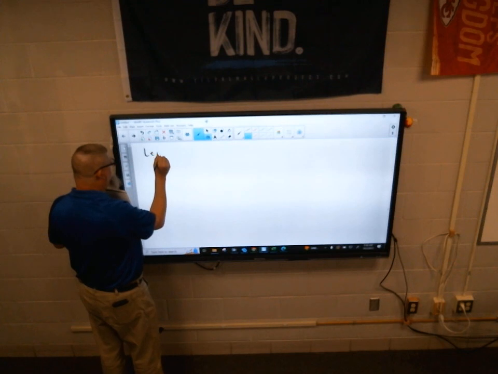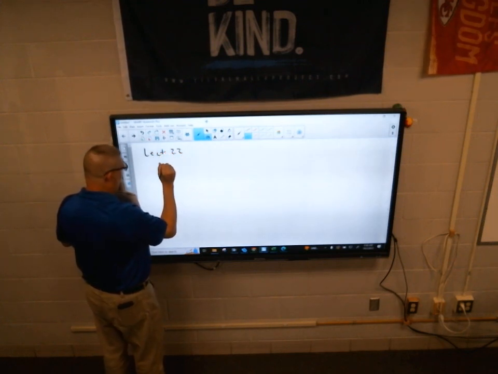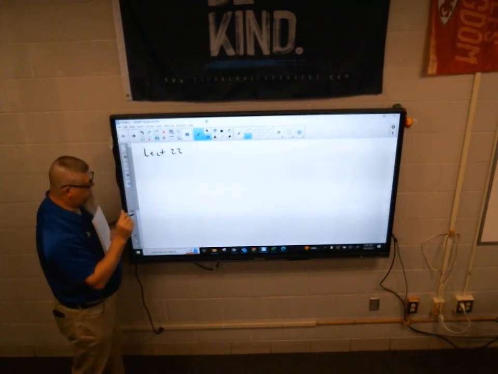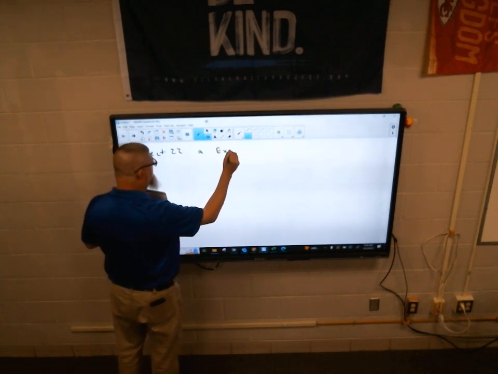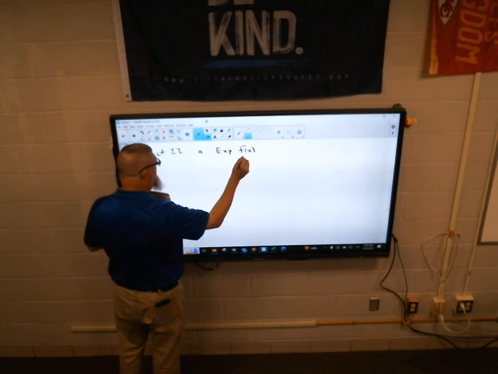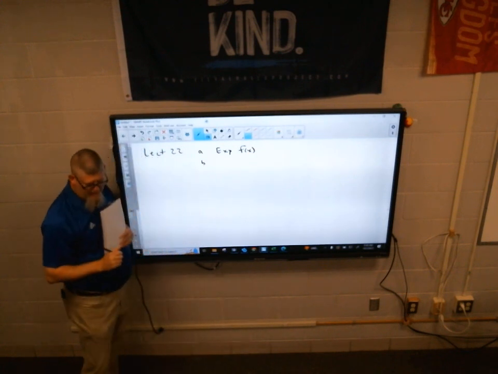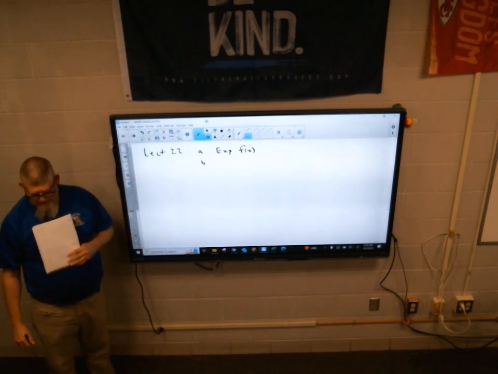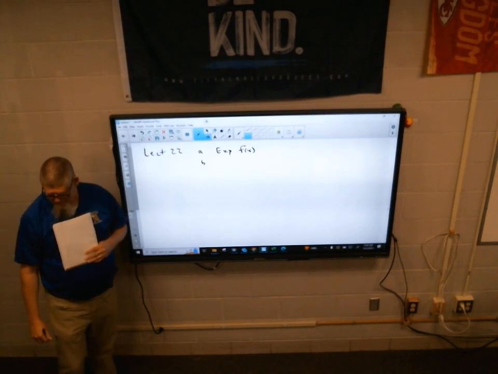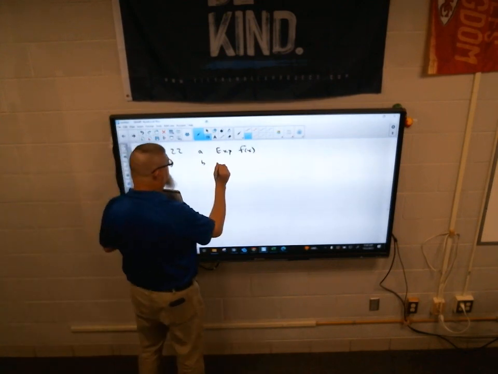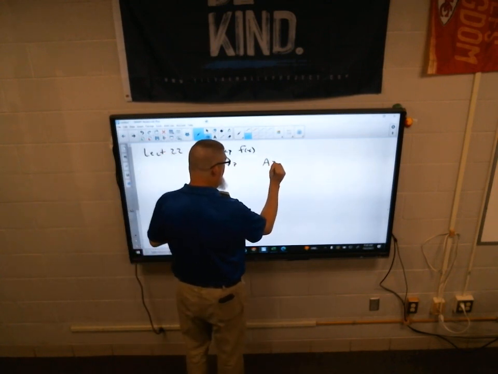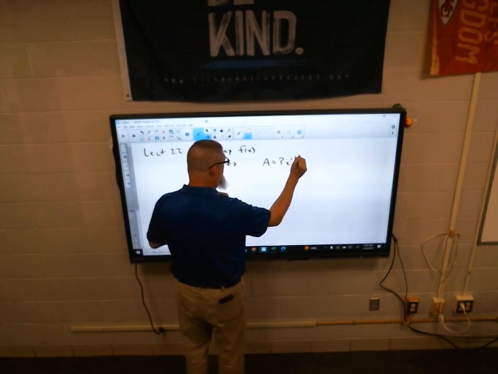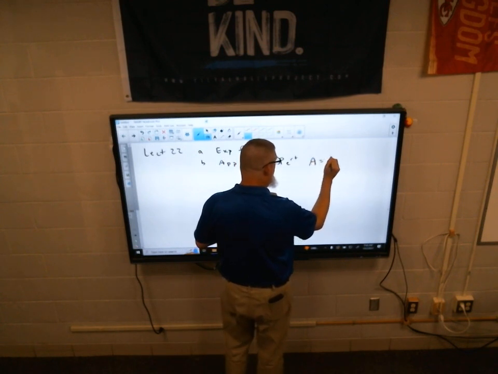We've taken lecture 22 and broken it into three parts. Part A, we talked about the exponential function. Part B was on Thursday, Friday, where we did applications. Remember we did A equals Pe^(rt), and we did A equals P(1 + r/n)^(nt).